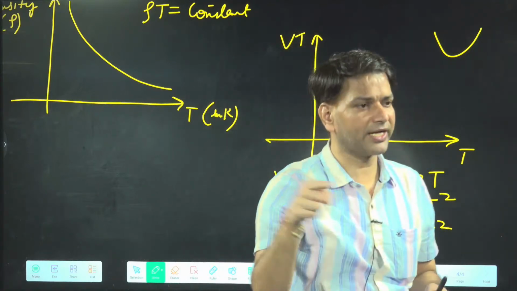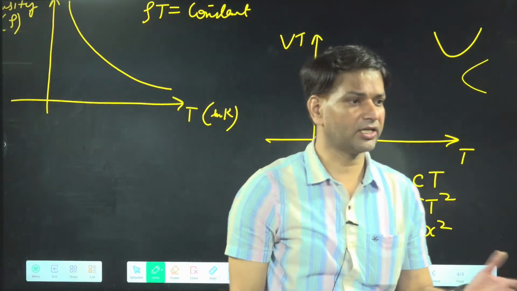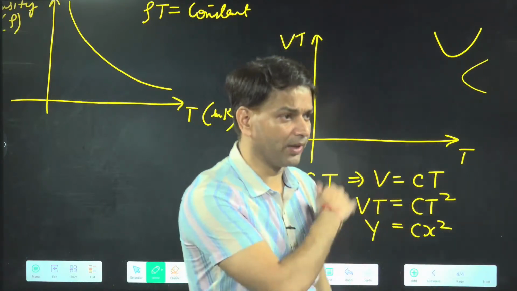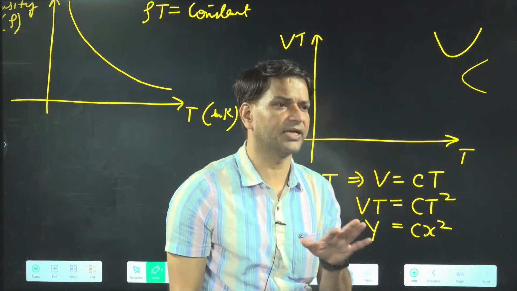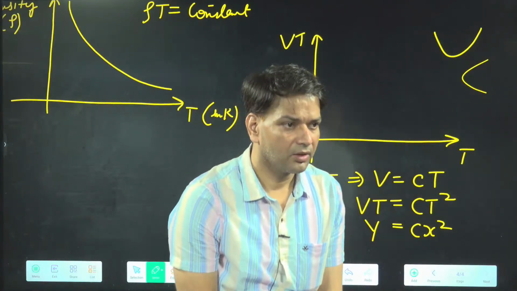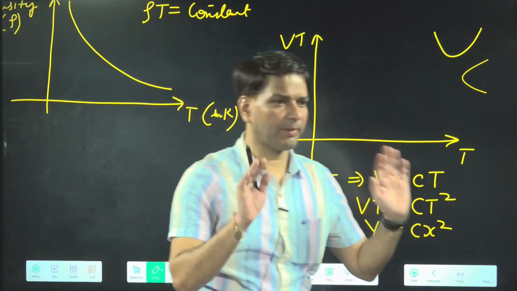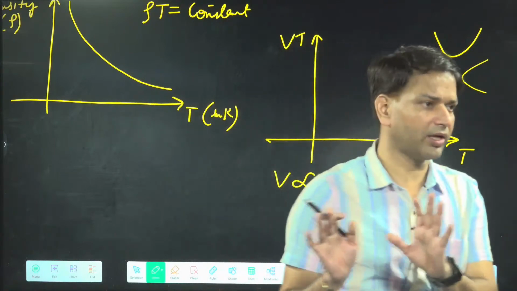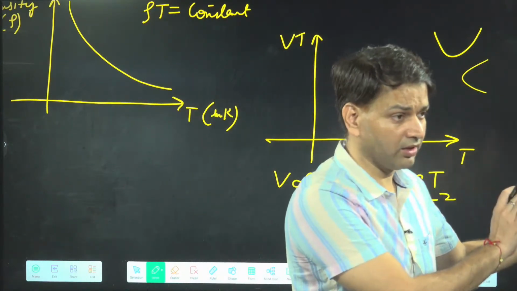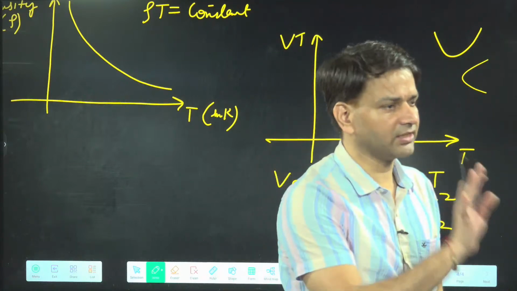If it opens right, then y square is equal to Cx. And if it opens left, y square is equal to minus Cx. Maybe sir has said this in basic mathematics. Otherwise, remember: when one variable has power 1 and the other has power 2, it means it is a parabola.